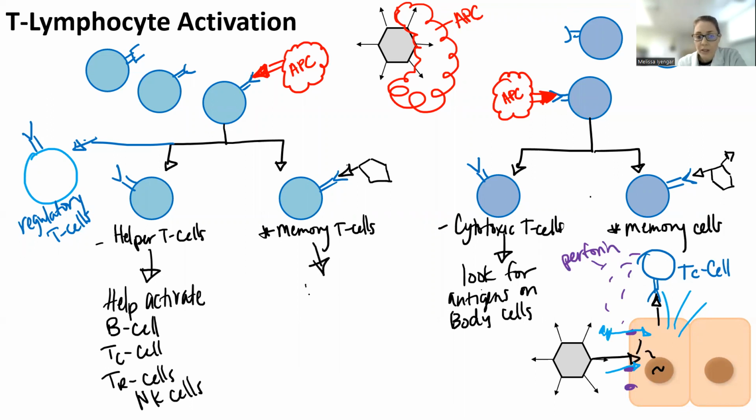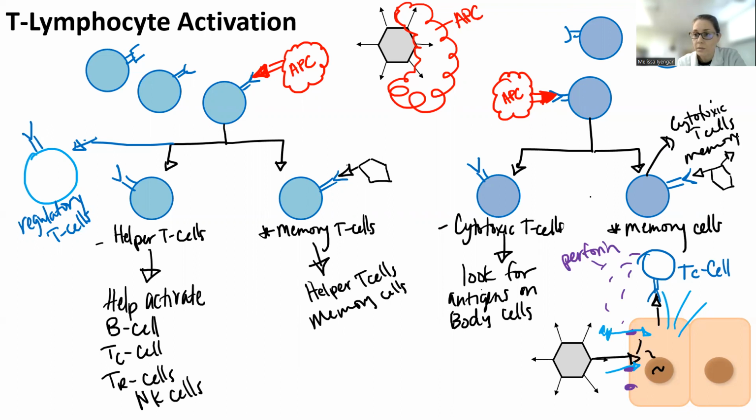Then the memory cells are going to create helper T cells and more memory cells. And again, these memory cells are going to create cytotoxic T cells and more memory cells. Because you bypassed the activation process, it's only going to take you 2 or 3 days to ramp up enough production of helper T cells.